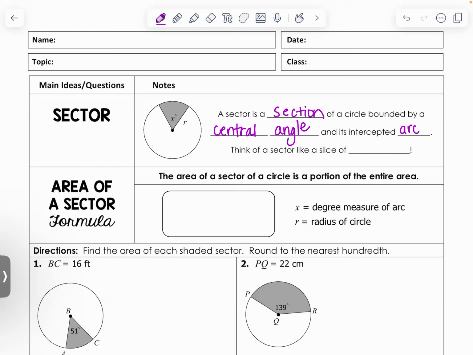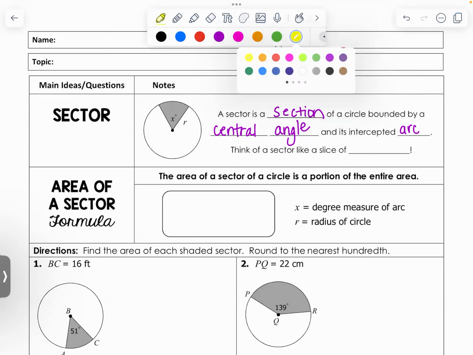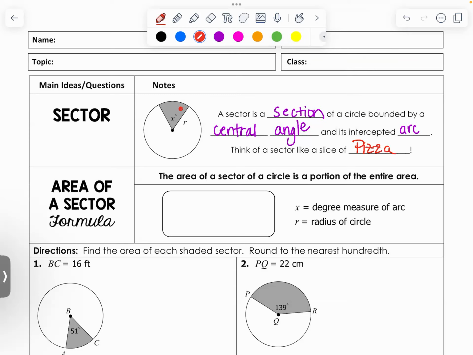Okay, what does a sector look like? Pizza. It looks like a slice of pizza. Okay, so we have the crest is the arc, right?